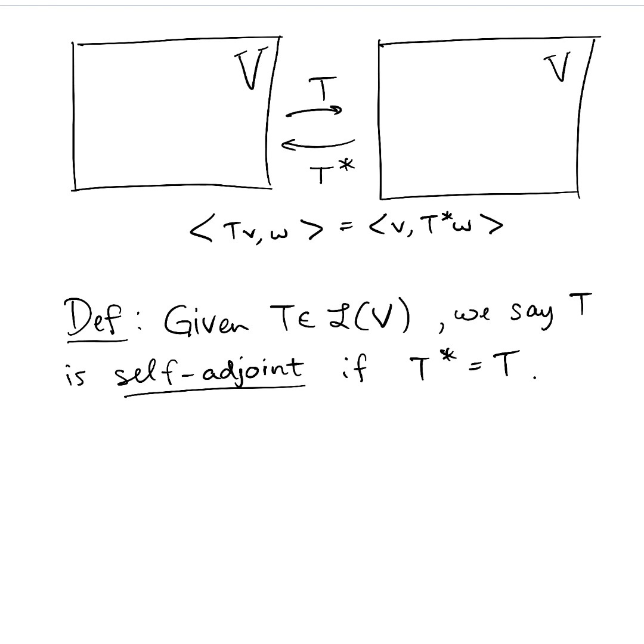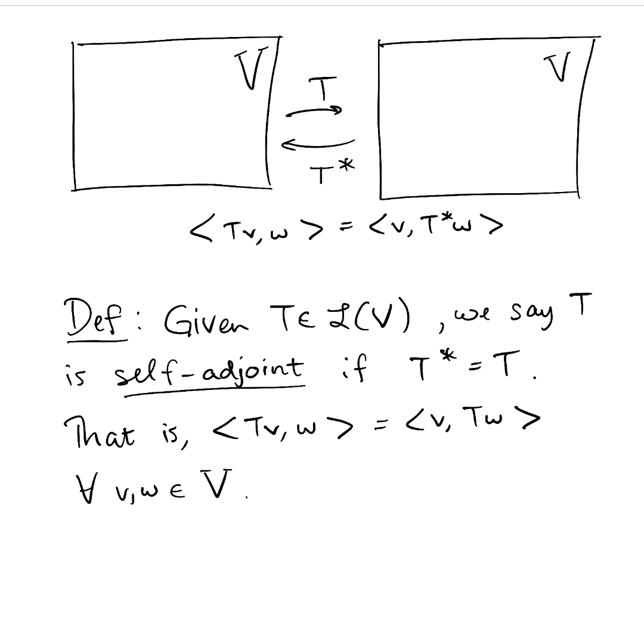And if you want to see it more in terms of the inner product, it just means this. That is, Tv with w comes out the same as v with Tw, because T is T star. So that's for all v and w in the space.